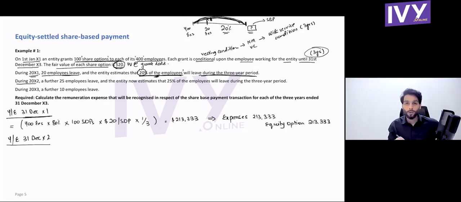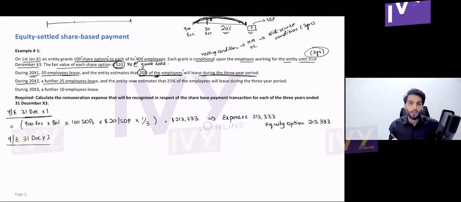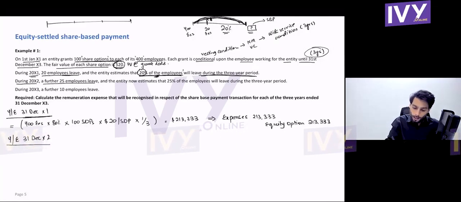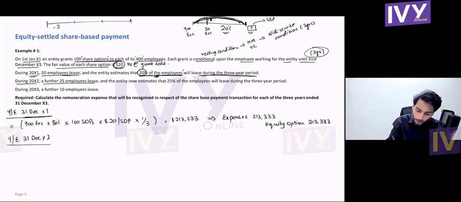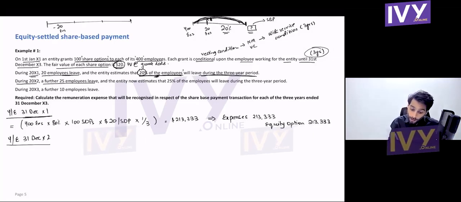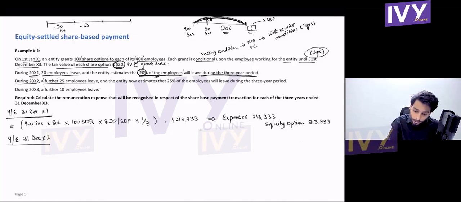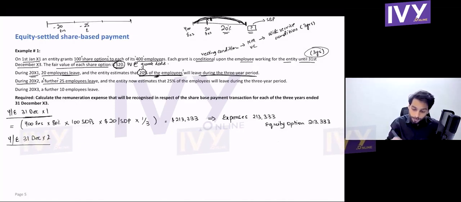During 20x2, we are talking about the next year, a further 25 employees leave. So you remember what was the scenario? It was a question of 3 years. 20 employees have already left in the first year. Look at it, a further 25 employees actually leave the other year.